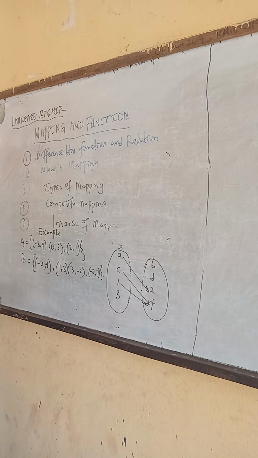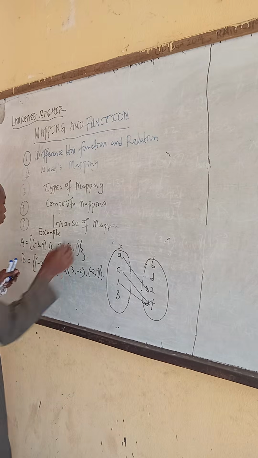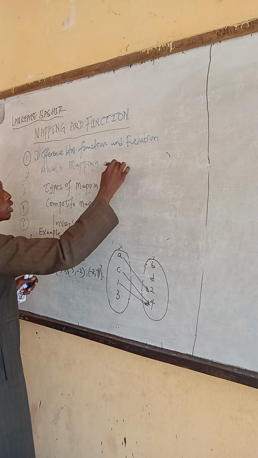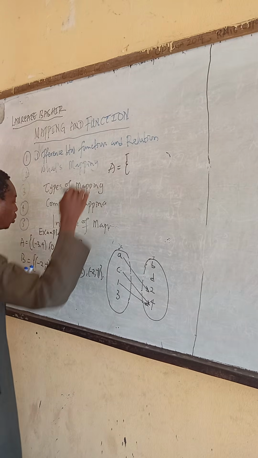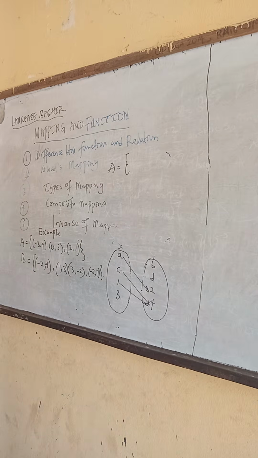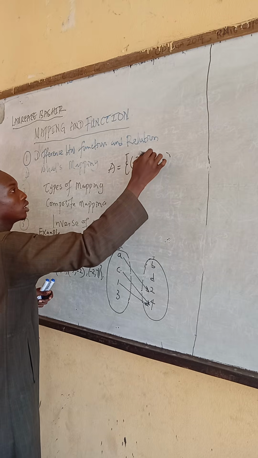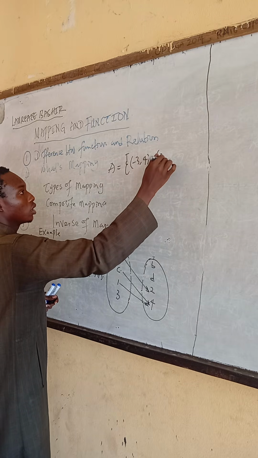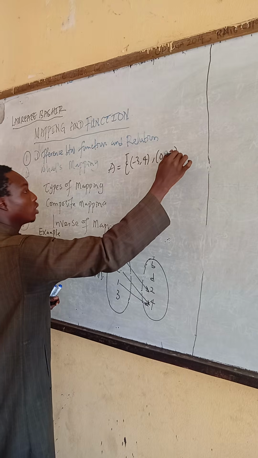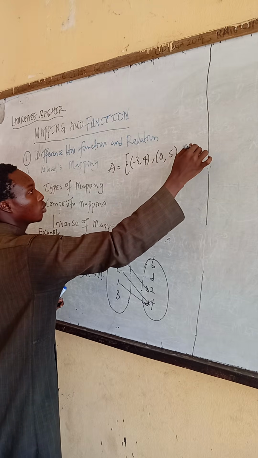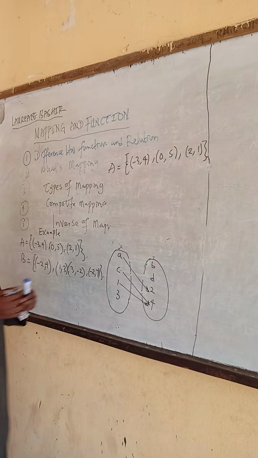But how will you write it out? The domain here, for this A, you are having minus 3 comma 4, 0 comma 5, then 2 comma 1. If I'm not mistaken, let me check.